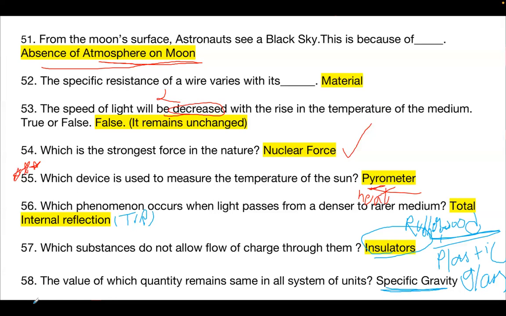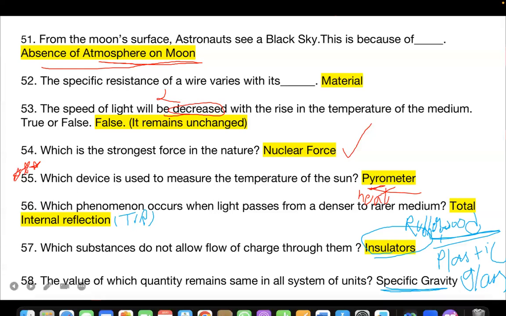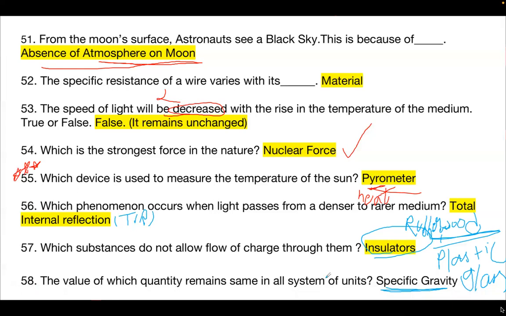So it is a ratio quantity and the value remains the same.